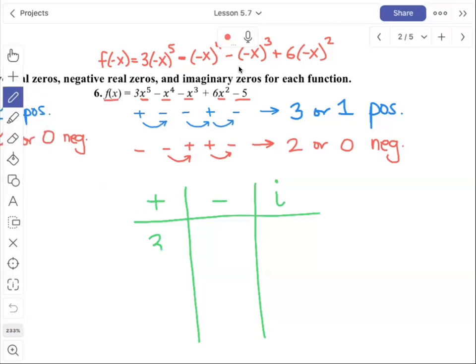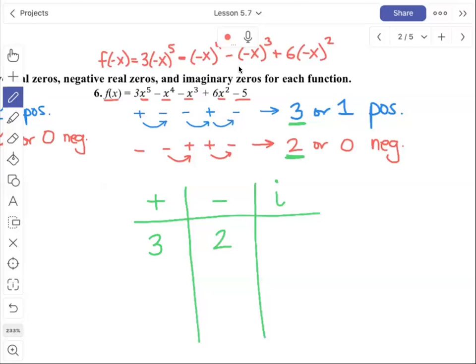Okay. What's one possible number of negative roots we have? 2. So let's say we have 3, and then this 2.